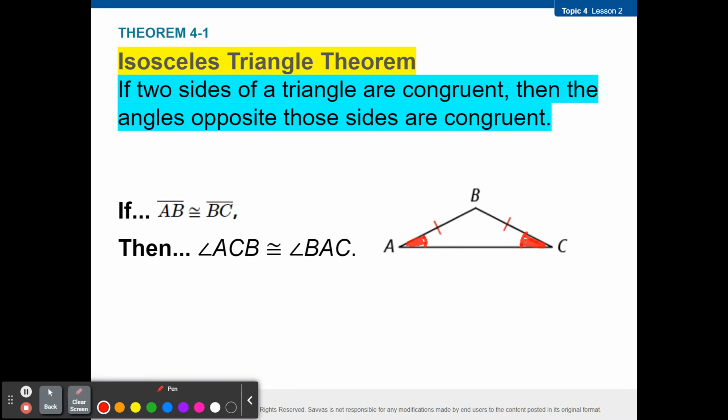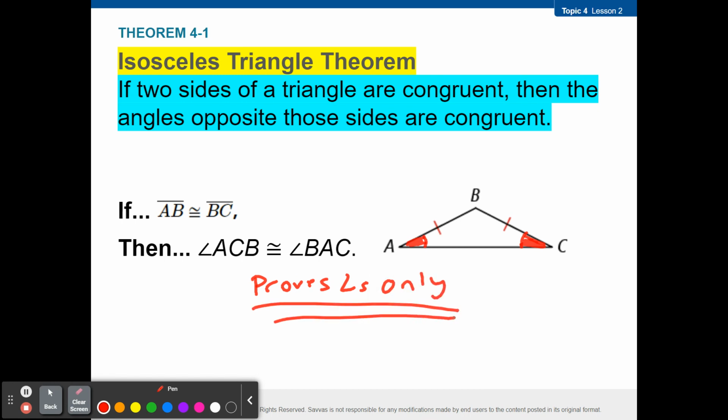So one thing you're going to want to add is that this proves angles only. You think that's important? Yeah. And it kind of goes the opposite way than the converses.